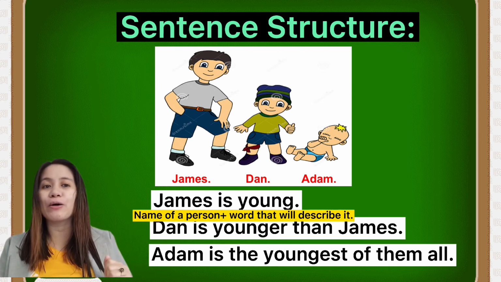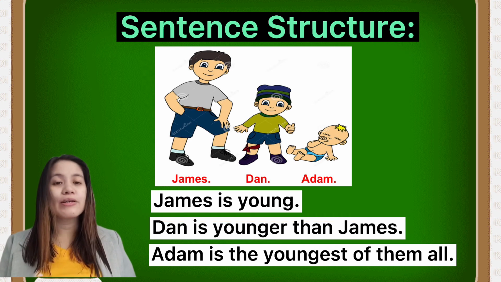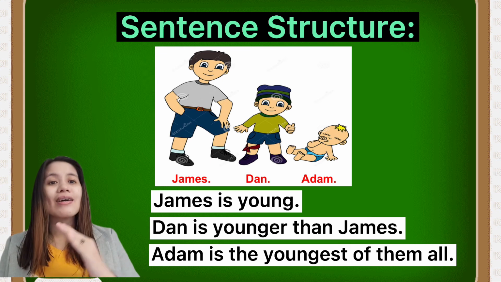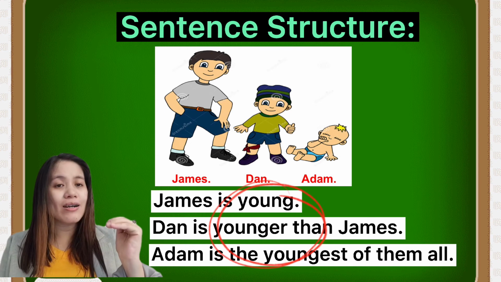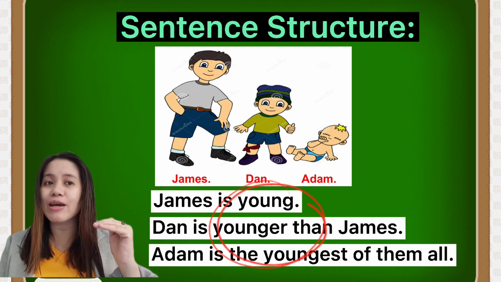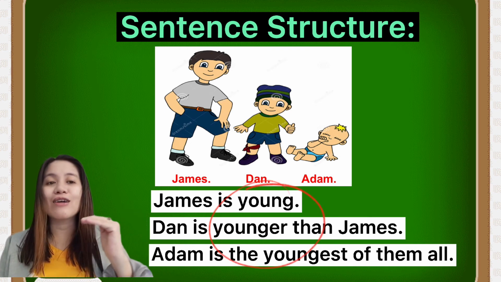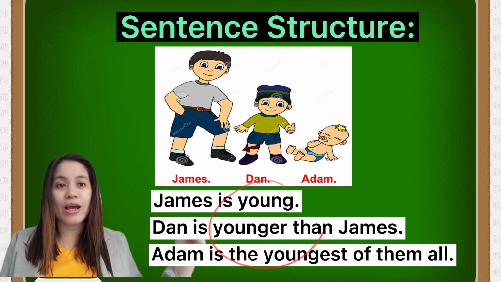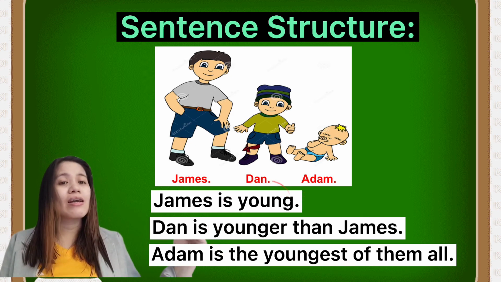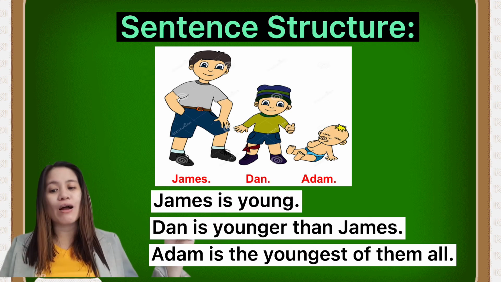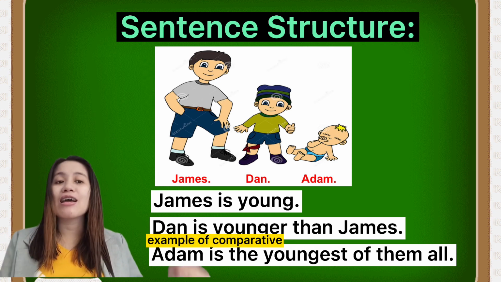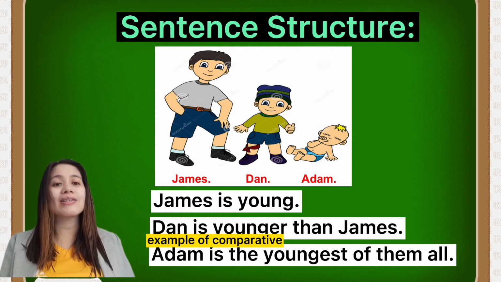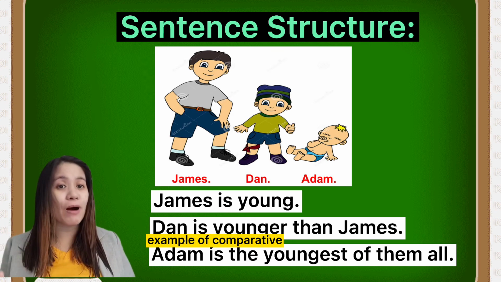And then when we are going to compare two people, we put it like this. Dan is younger. So we add ER to the word, younger, and then do not forget than. Younger than James. Okay, so James is being compared with Dan. Dan is younger than James.